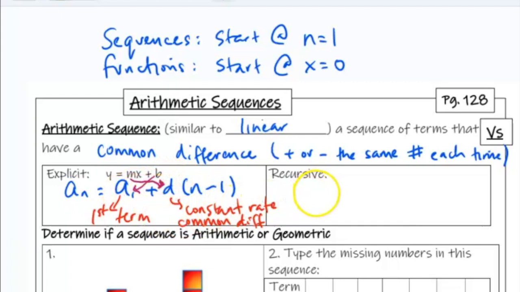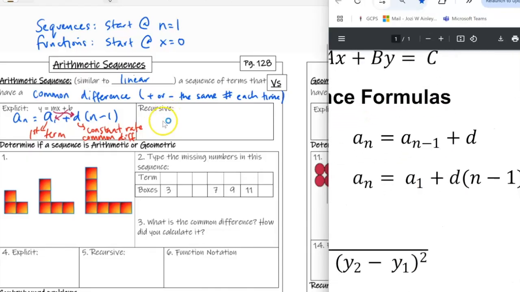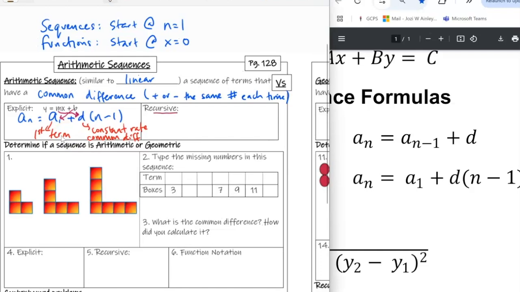Let's write the recursive formula. That was the explicit; the recursive one is this. The way I remember recursive is cursive: if you write in cursive, in order to write the next letter, you must have the one before because you connect everything. That's what recursive means. So a sub n equals a sub n minus 1 plus d.